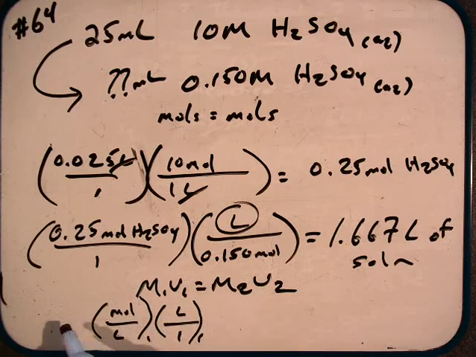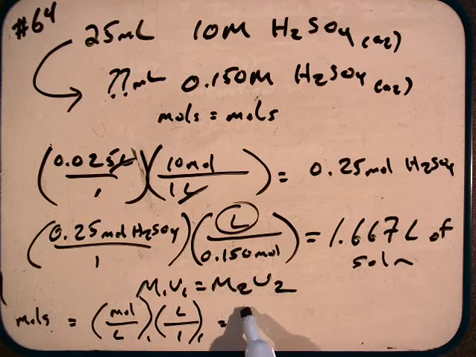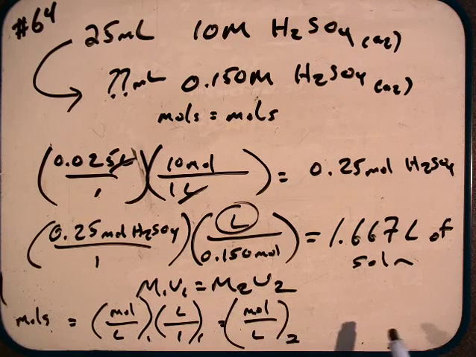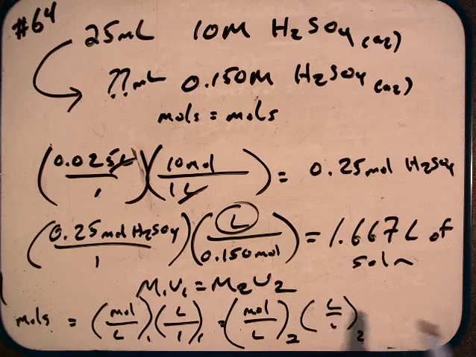What does that give you? That gives you moles when our liters cancel out. And that equals M2V2, which would be moles per liter again, but now for our second part of the question, or our dilution. And again we have a volume. These guys cancel out and give us moles.